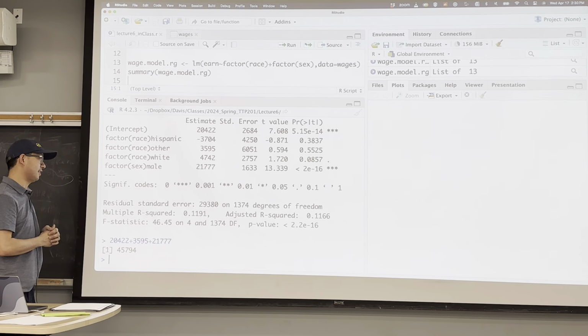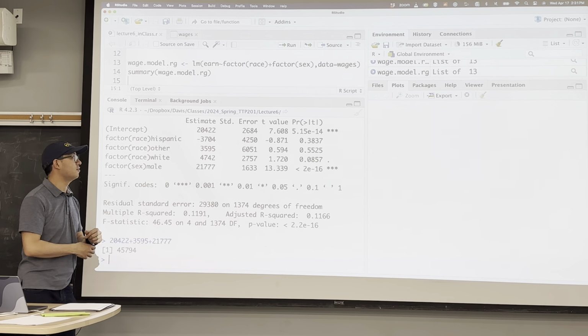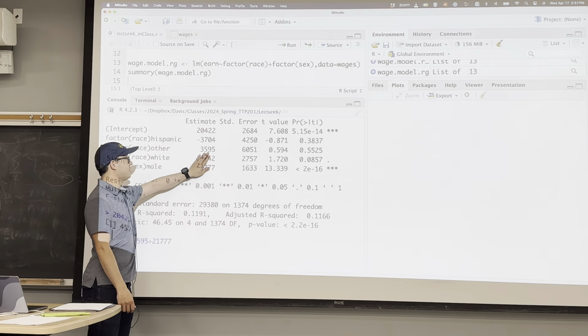Recall what statistical significance means: it is about the probability that the effect is real, that it's greater than 0 if it's positive or less than 0 if it's negative. So this value is not statistically significant. Does that mean that if you are someone of an other race, your income is not statistically different from 0?